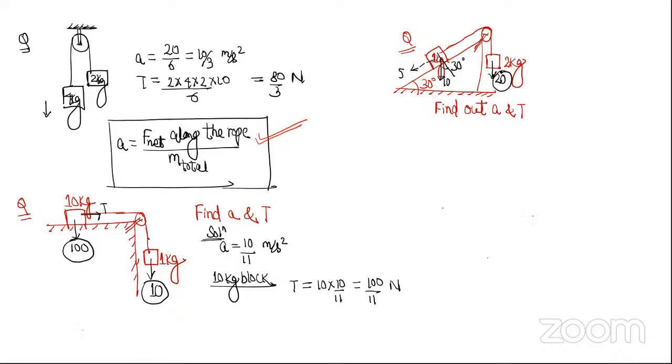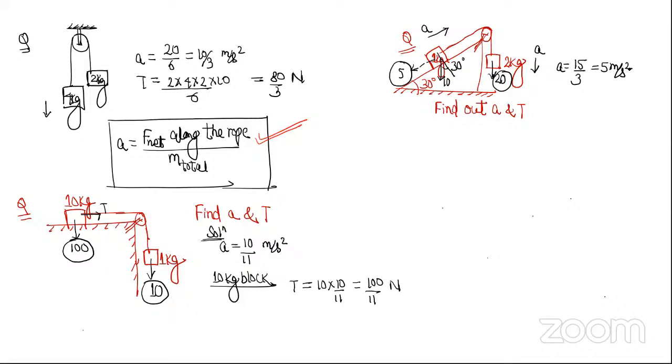So this side it's being pulled by 20, this side by 5. So effectively it is being pulled by 15 this side, so it will accelerate this side. And acceleration will be net force by total mass, that is 5. So Vijay Lakshmi and Kamlesh are correct.